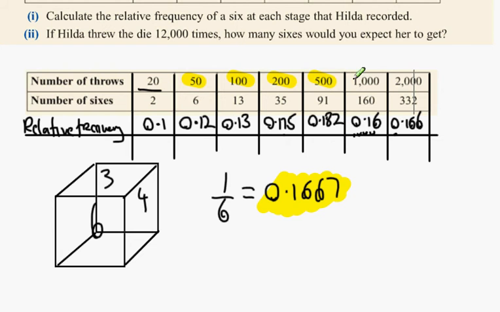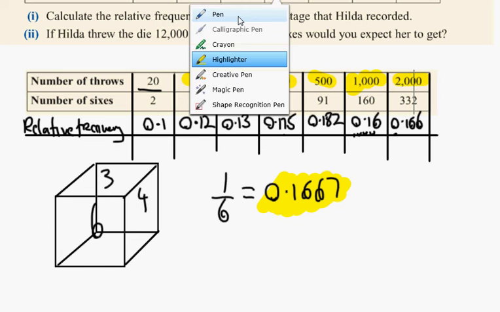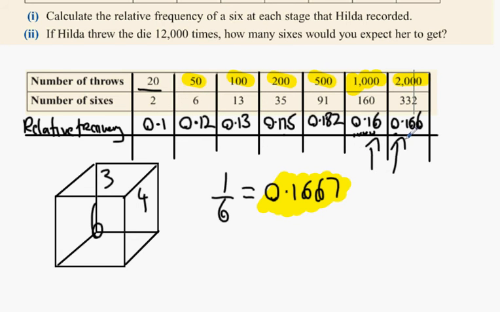And eventually, by the time you get to 1,000 and 2,000 throws, what do you notice? It gets more accurate. So the more you try an experiment, the more accurate it will be when we average it all up. Okay, so this is roughly a 1 in 6 chance of it happening, which is what we expected.